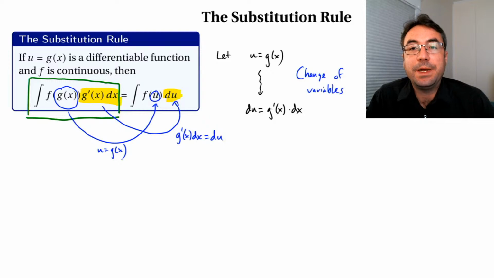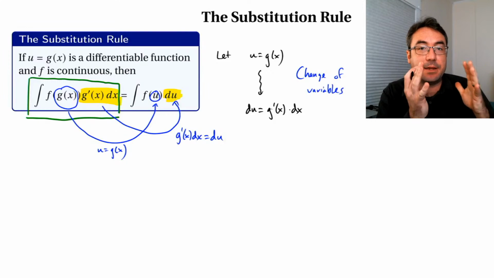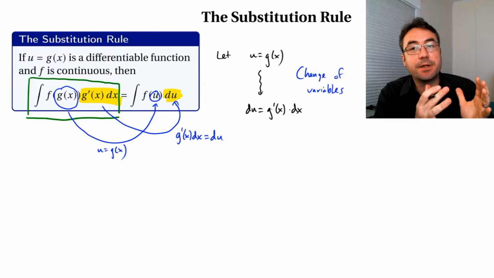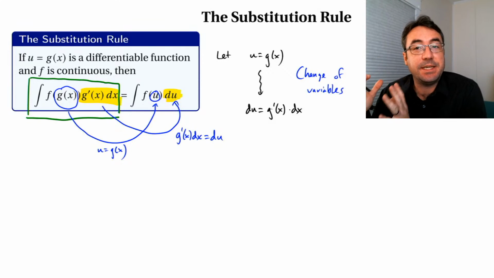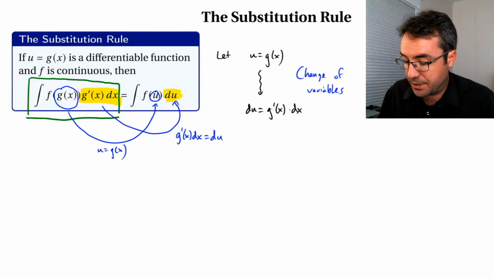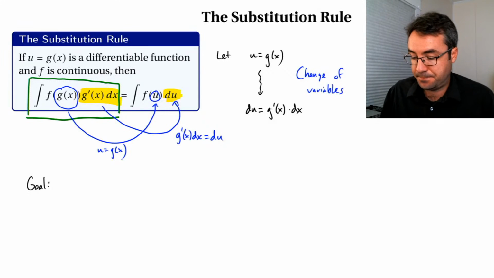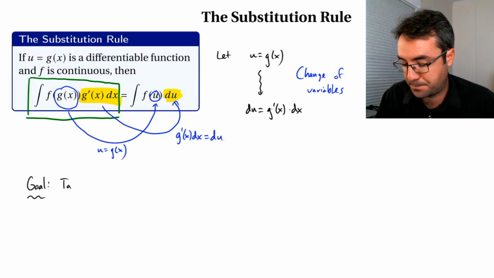So we can take this complicated integral that we're trying to solve there on the left, and by changing the variables, produce something that's easier. And that's our ultimate goal here. When we apply the substitution rule, we're going to be presented with a complicated integral that we see there on the left.